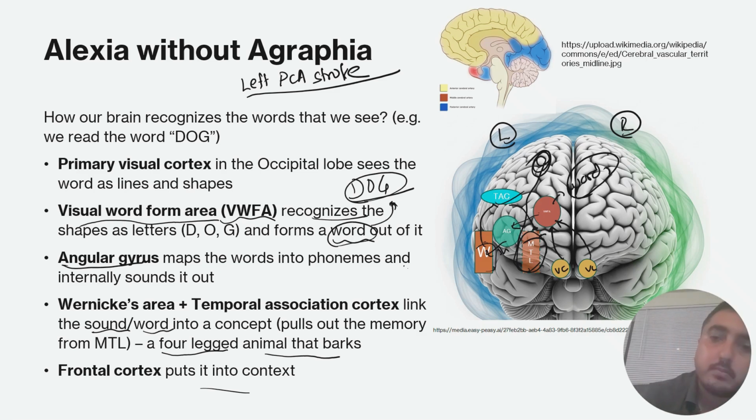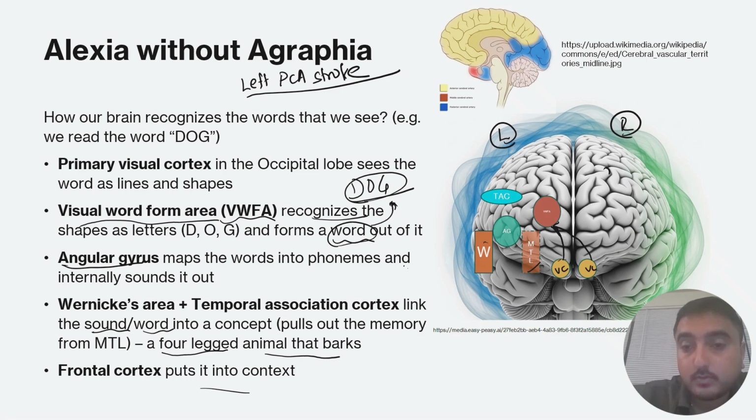So basically what I mean to say is, from both the visual cortices, the fibers have to come to the visual word formation area that is present in the dominant hemisphere, that is on the left side.